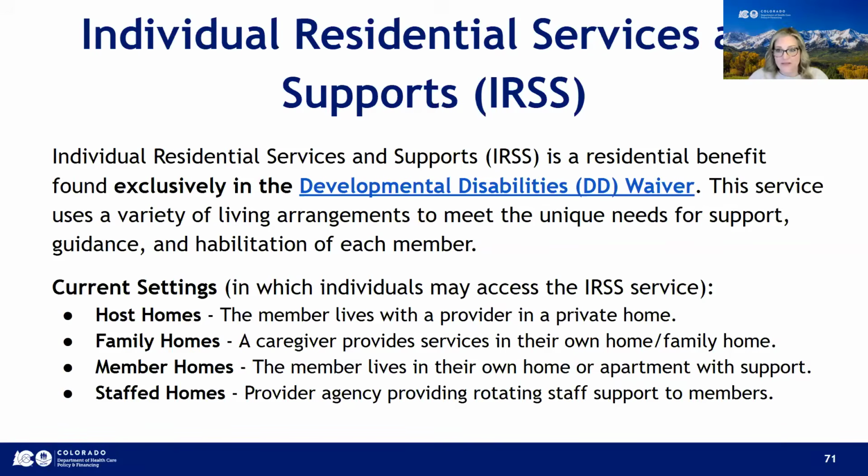Services are very comprehensive, include things anywhere from assessment and evaluation, training, transportation, all the way to behavioral therapy, therapeutic interventions, medical and healthcare services, travel, and supervision. Currently, IRSS settings include host homes, family homes, member homes, and staffed homes.